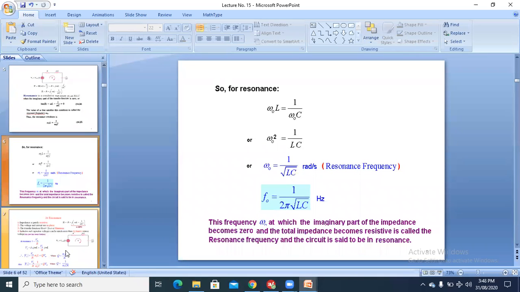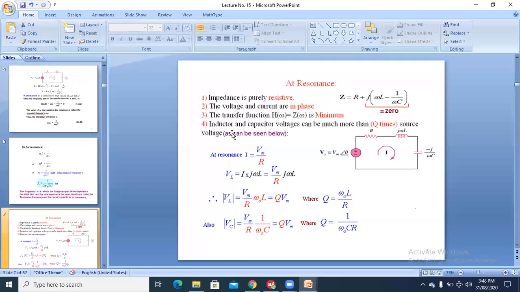Now, the impedance is purely resistive in resonance condition, because the imaginary component of the RLC circuit is zero. And if it is resistive, the voltage and current are in phase.